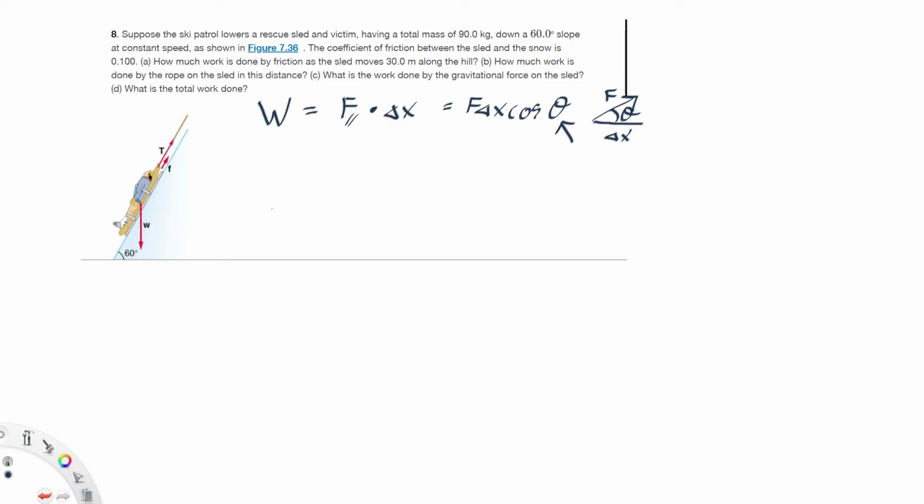All right. So for here, we've got a few plug-and-chugs to be done. The first one is how much work is done by friction. Before we can talk about the work done by friction, we need to know how much frictional force there is. This convenient diagram actually leaves out the normal force, which we're going to need.